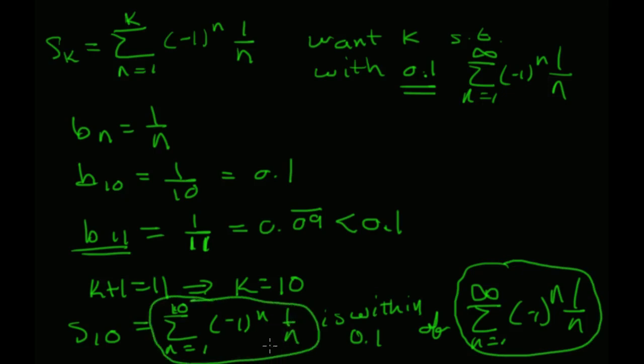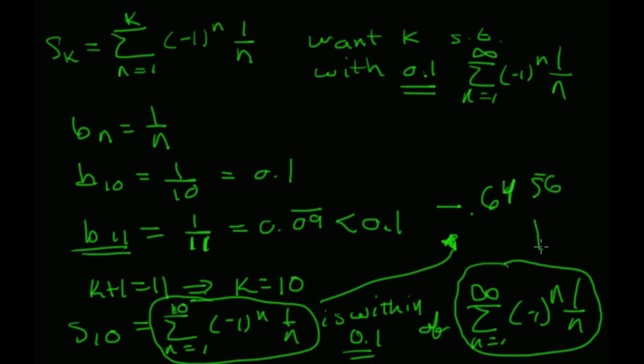And I know that this is within 0.1 of this, and if I want to make it tighter, I just use more terms. I make that 10 bigger until I get to the next term, which gets it to where I want it to be. So if I actually take this sum, which I did earlier, I get -0.6456.